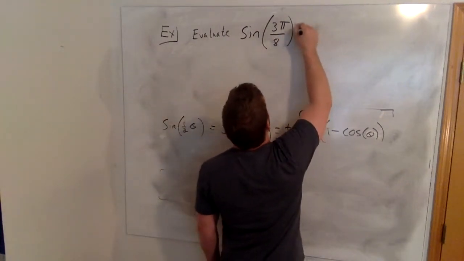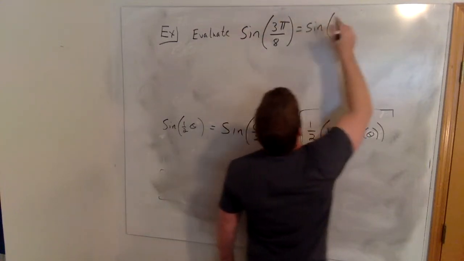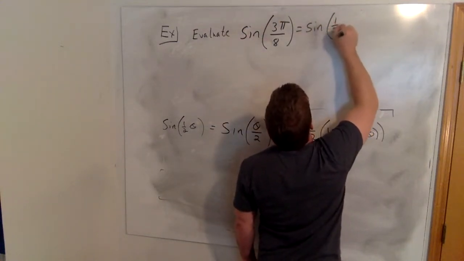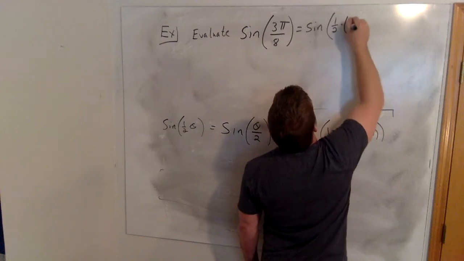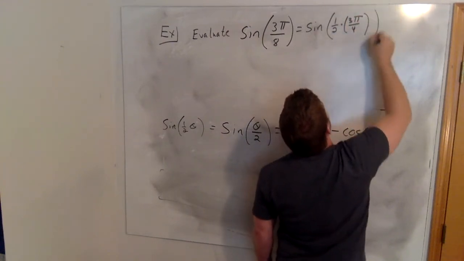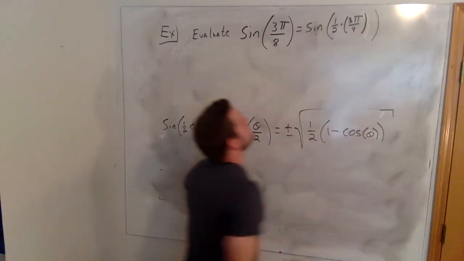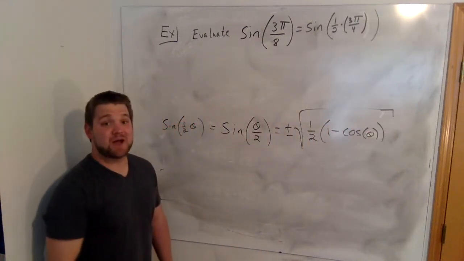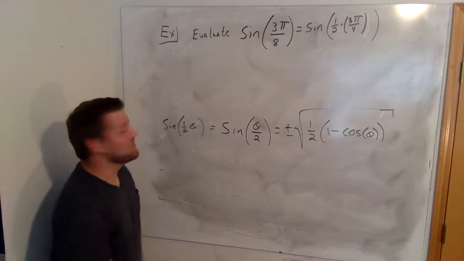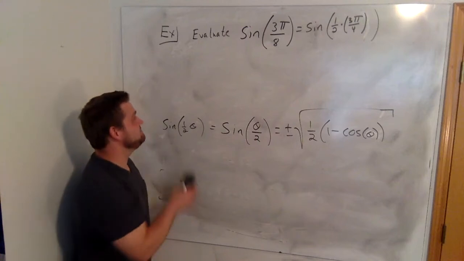We could rewrite this by factoring out a half: this is the same thing as 1/2 times 3 pi over 4. And what's great is 3 pi over 4 is a nice number on the unit circle. I'm going to go ahead and erase what I have here.